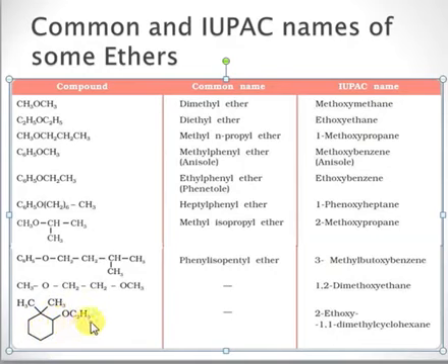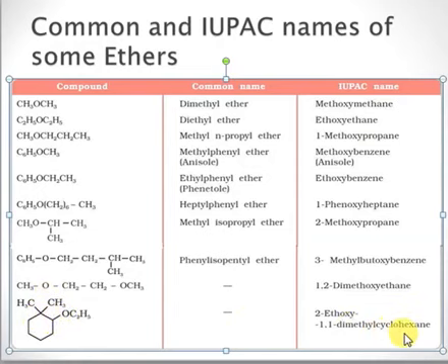And this is an ethyl group, and this ethoxy group is at carbon number 2. So by convention of IUPAC, the smaller group is considered as oxy. So we'll say this is 2-ethoxy, and this will become the alkane.